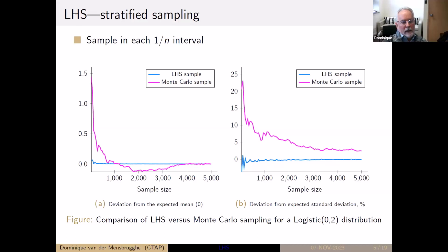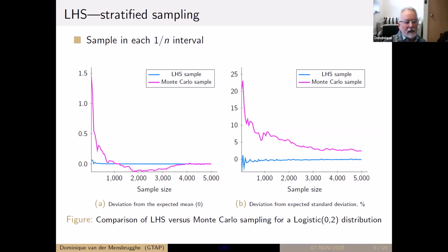All right. And just to give you some intuition, on the graphs here we're looking at different sample sizes going from 50 to 5,000 in steps of 50. You can see when you have very low sample sizes, less than 1,000, your sample distribution is far from your anticipated distribution.